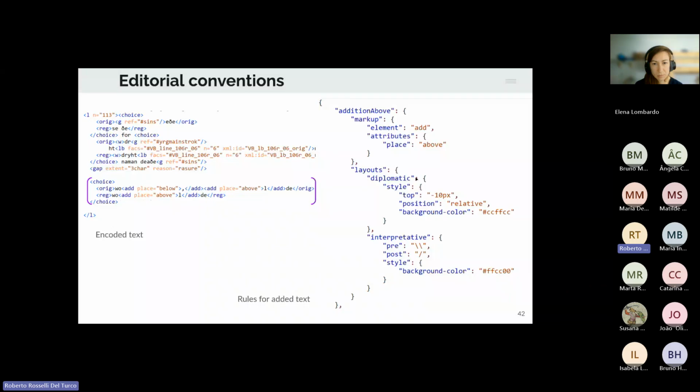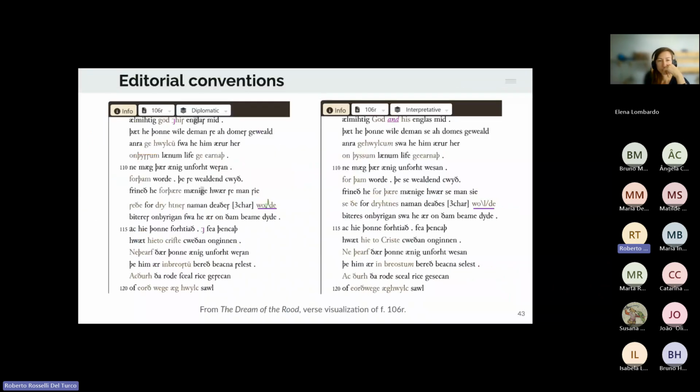In the diplomatic layout, I want to have a color highlighting, okay, and a specific position of the added text. In the interpretative edition level, I just want to have, for instance, the slash before and after, mimicking what you would find in a printed edition. I hope that was clear enough.